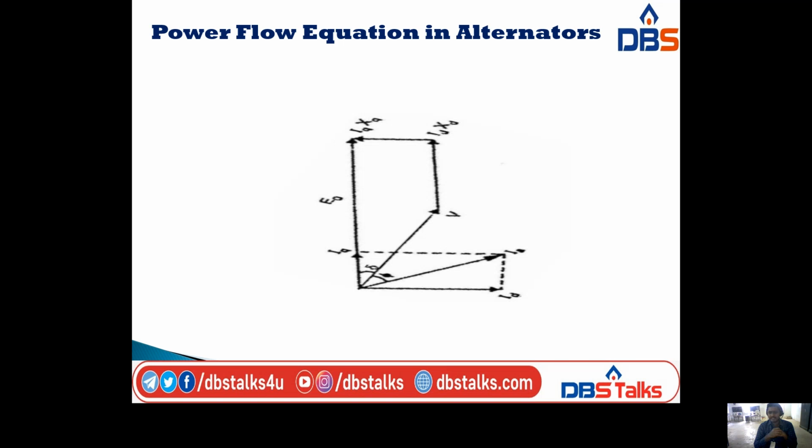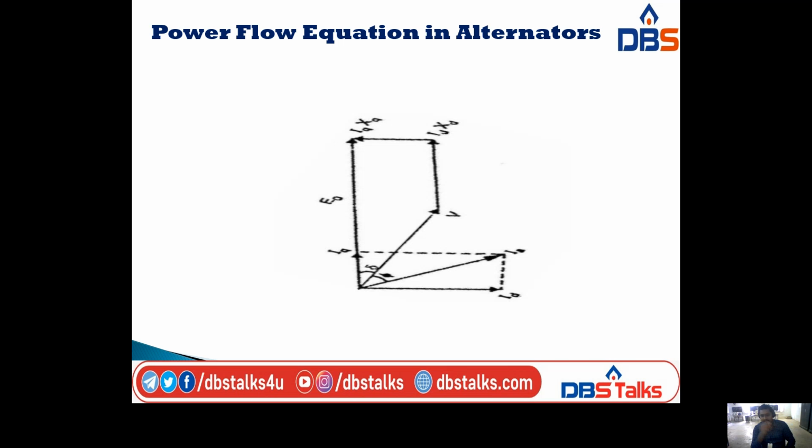These IQ and ID are in phase quadrature with each other at an angle delta, so I am taking IQ and ID in different lines. ID is parallel with IA and it is in series with IQ. Next I am taking the EMF line.